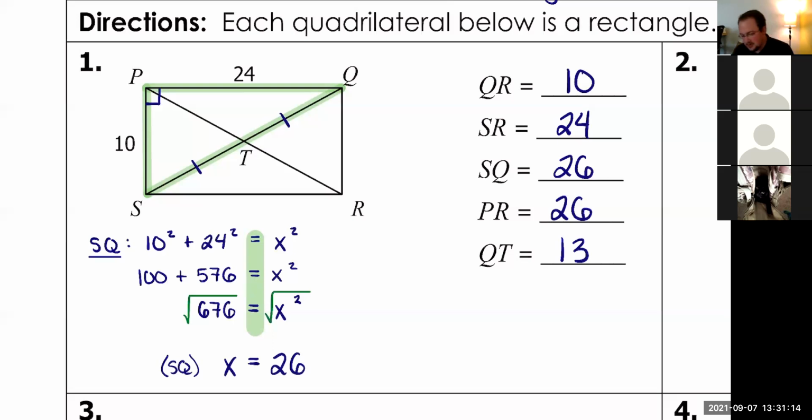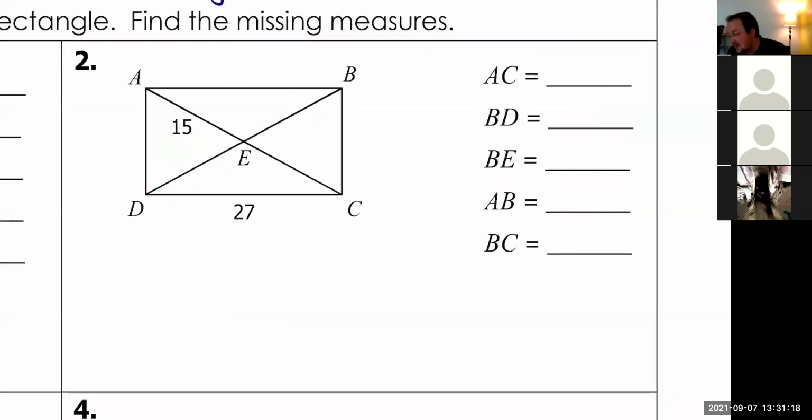Okay. Number two, very similar. So I'm going to give you those answers. Where they gave you measurements are a little bit different, but work your way through that list. You should be able to find them. But here's the information you can use to check. AC should be 30. BD should be 30. BE should be 15. AB should be 27.